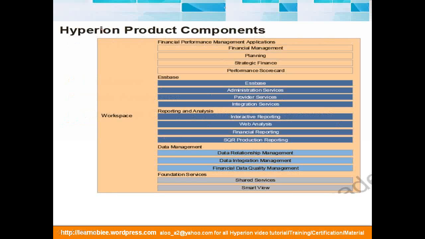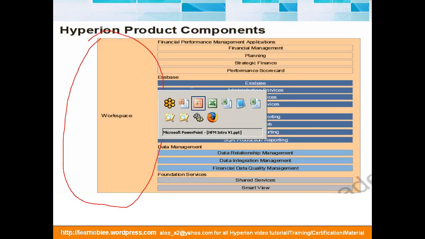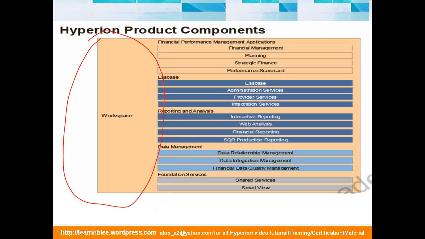You can see this workspace is a single interface. Workspace is one interface for all HFM products. It means if I am working in HFM financial management, HFM planning, or HFM SBS, I may not require multiple interfaces.